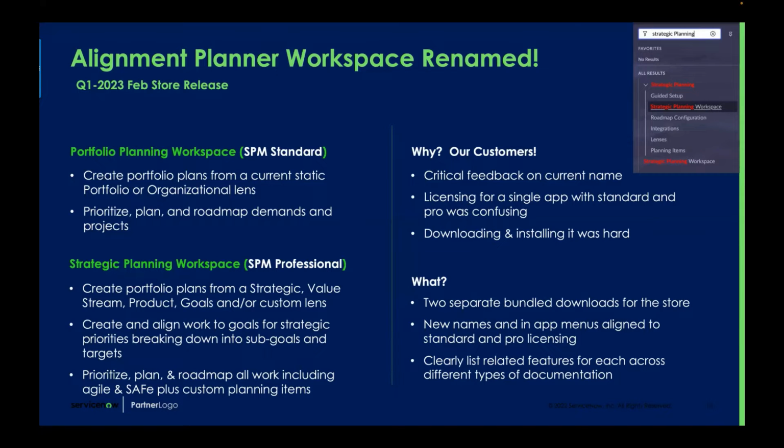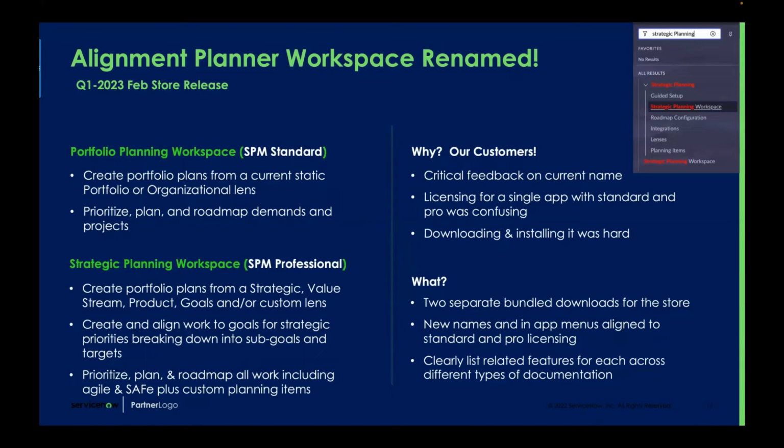We'd like to highlight a major name change that will allow you to more easily find and install this product as a single package. Okay, so for customers with SPM standard license, the application name is now Portfolio Planning.